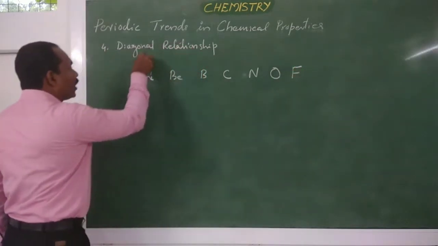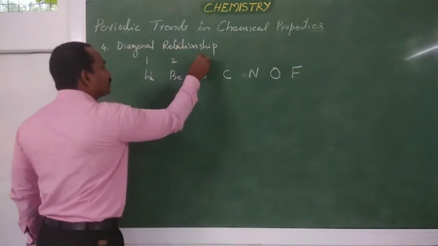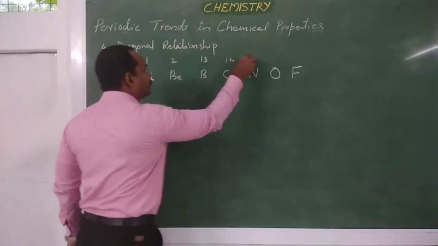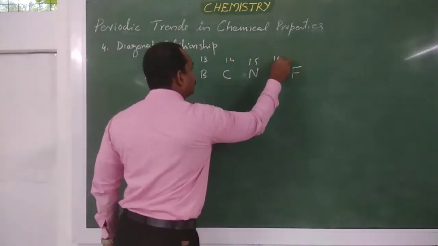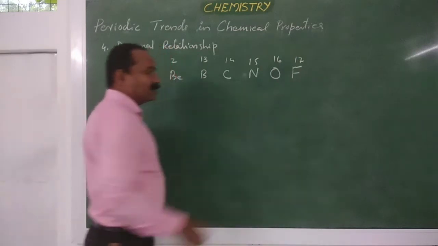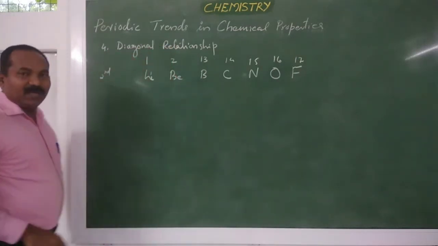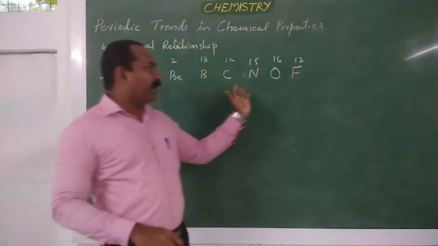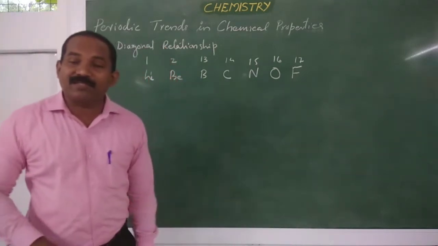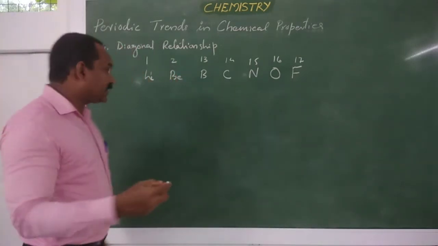This is group 1, group 2, 13th, 14th, 15th, 16th and 17th group. These elements occur in the second period.